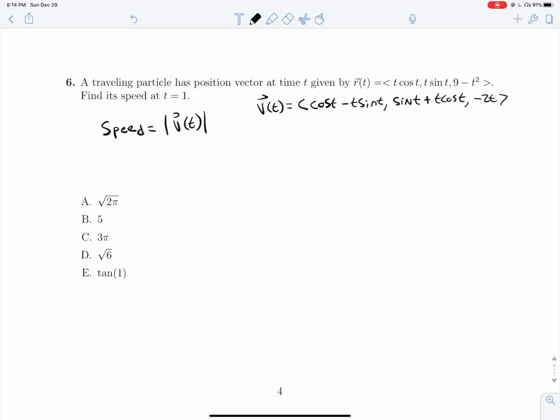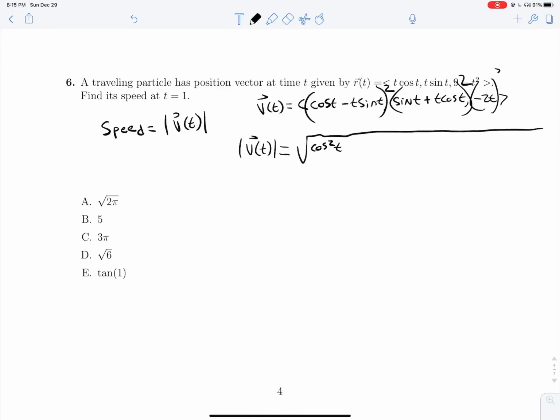taking the magnitude of this is a bunch of fun because magnitude of v of t is going to be the square root. Here's where we need to break out the big square root. Cosine squared t, and I'm squaring these individually. So I'm squaring this guy first, this guy second, that guy third.